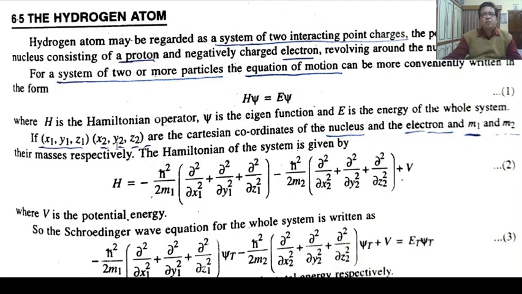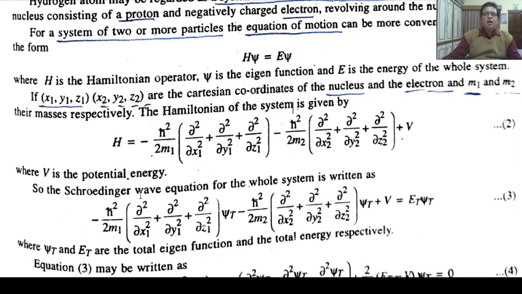If x1, y1, z1 and x2, y2, z2 are the Cartesian coordinates of the nucleus and the electron, and m1 and m2 their masses respectively, the Hamiltonian of the system is given by H equal to minus h bar square upon 2m1 (del 2 upon del x1 square plus del 2 upon del y1 square plus del 2 upon del z1 square) minus h bar square upon 2m2 (del 2 upon del x2 square plus del 2 upon del y2 square plus del 2 upon del z2 square) plus V, where V is the potential energy.